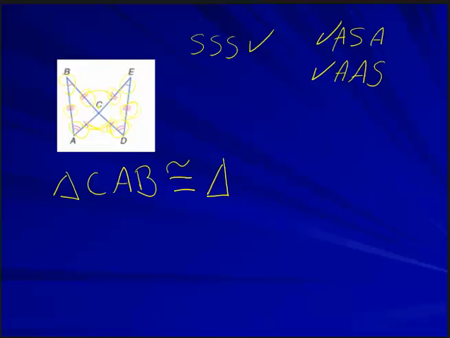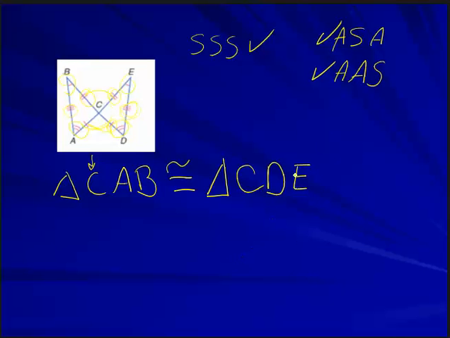So if I started with C in this triangle here, I have to start with the same corresponding part in the second triangle, which just happens to be named C as well. Now if I go to A, what's the corresponding part to A over here? It would be D. And then I go up to B. The corresponding part in the second triangle is E. And there's my congruency statement.